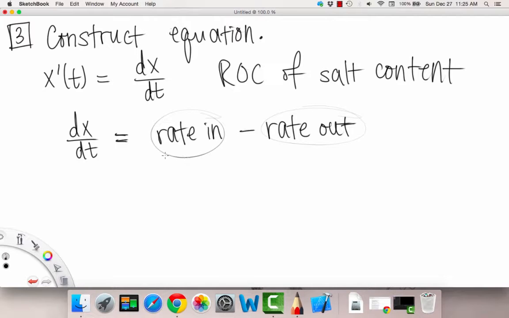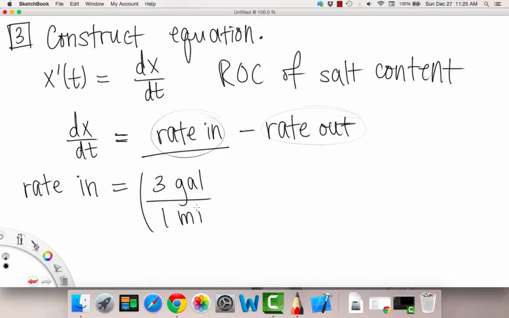So then we have to look at, okay, how do we represent the rate in of salt? Rate in would be equal to, well, we have to say, okay, how much fluid is coming in, like what volume of fluid? And the answer to that would be 3 gallons per 1 minute, right? Remember we were told in the beginning that the solution is entering at 3 gallons per minute, okay? And then we have to say, okay, how much salt per gallon are we getting?